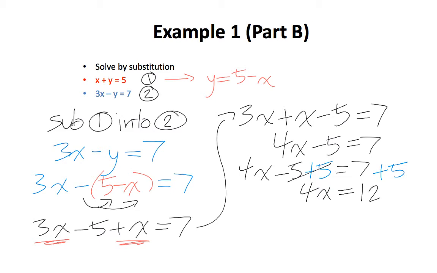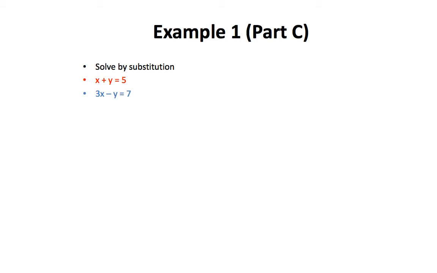To get rid of the multiply by 4, I need to divide both sides by 4. The 4's cancel out, which leaves me with just x is equal to 12 divided by 4, which is 3. Therefore, I've just determined the x-coordinate of the point of intersection, and it is x is equal to 3.